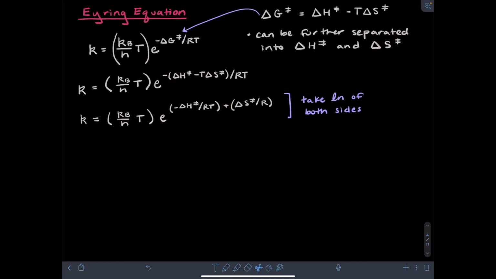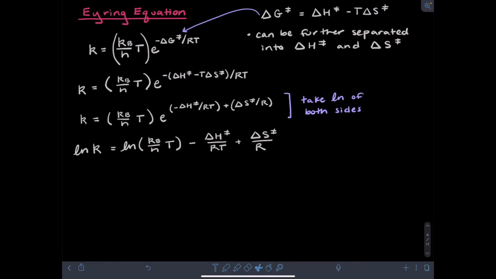What I'm going to do next is take the natural log of both sides of this equation. This gives me the natural log of k being equal to the natural log of kb over h times t, and then now everything that was in the exponential is just in normal form.